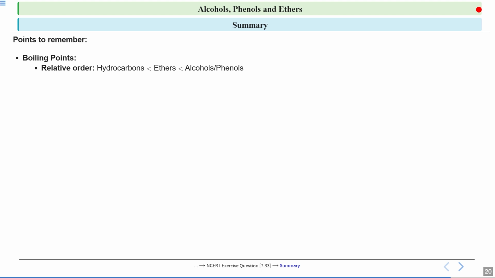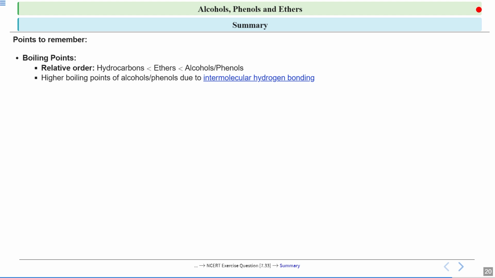But when we talk about ethers, in ethers there are dipole-dipole interactions, and these are weaker than strong intermolecular hydrogen bonding. Then in hydrocarbons, there are only weak van der Waals forces. So that is why the boiling point of hydrocarbons is least, because you have to give less energy for the molecules to separate out.